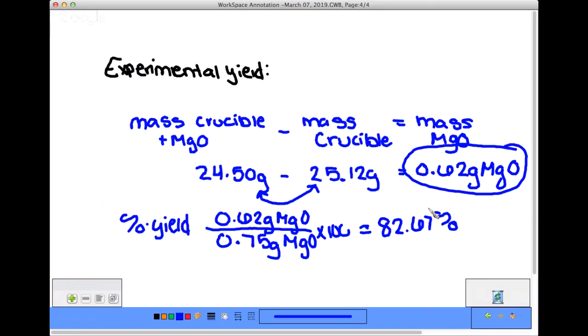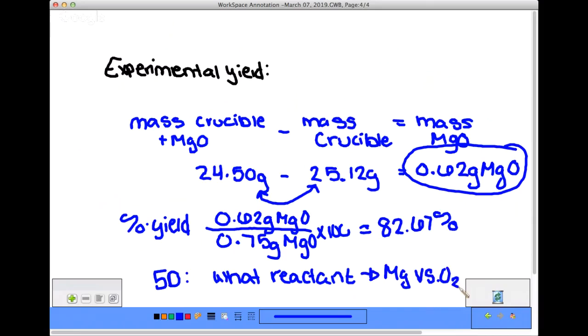I'm sorry, I just see an error in the wording of part 5D. If we look at 5D, it should say what reactant, not what product. So what you want to be looking at is your magnesium versus oxygen. Which one is your limiting reactant?